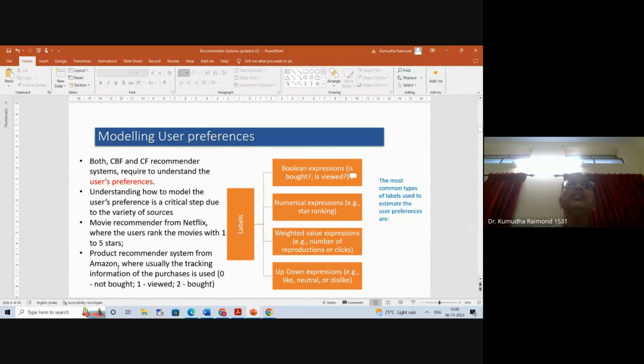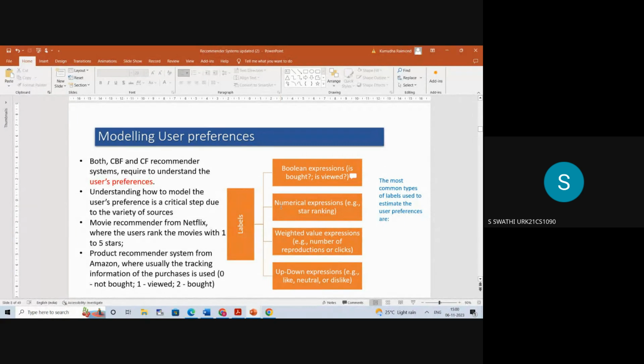What is used in Amazon is the Boolean expression, and what is used in Netflix, according to these examples, is numerical expressions. Apart from that, the number of clicks is called a weighted expression, and like, neutral, dislike is called up down expressions. These are the different ways of getting the user preferences, and this needs to be written in terms of a numerical number.